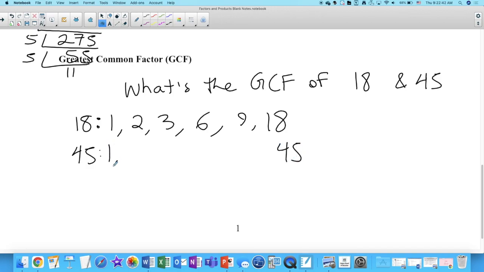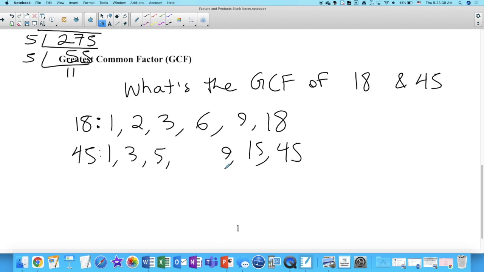Does 3 work? Yep. It's 3 and 15. 4. Nope. 5. Yes, 5 times 9. 6. No. 7, no. 8, no. And in fact, if 2 doesn't work, none of the even factors will work. Okay? And now we're at 9, so the list is done.